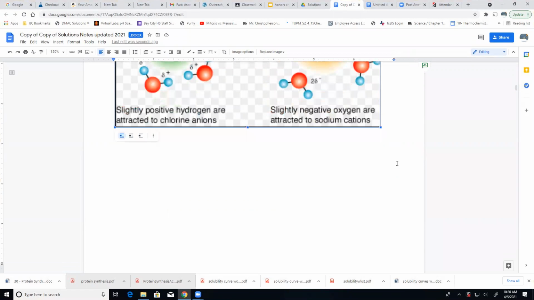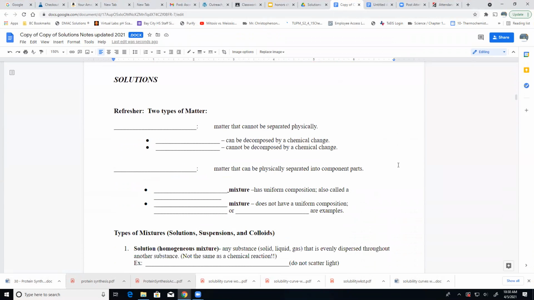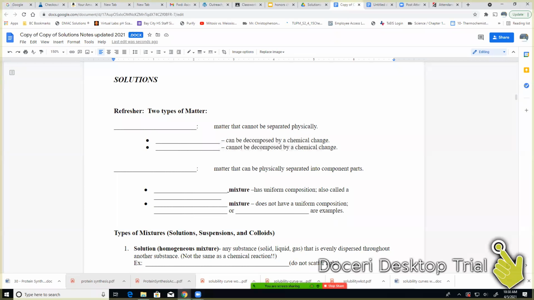All righty. Moving on, and this is actually the exact same part as on your notes before, so it's a review. So we have two types of matter. We have pure substance, which is what we spent most of our time on so far, and then also mixtures. Under pure substance, we either had our compound or an element.